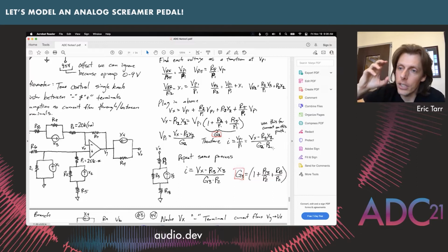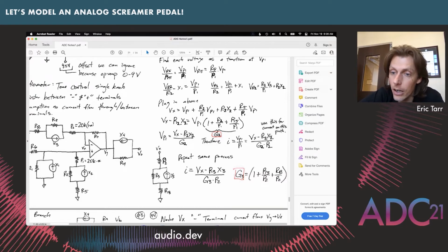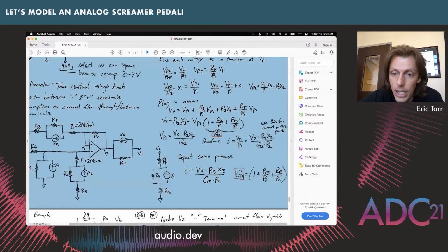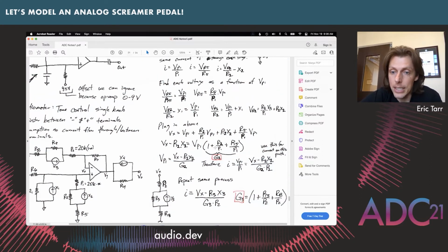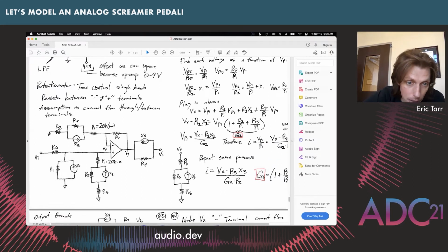And now we have our current that goes through this whole path as a function of the voltage and our state and nothing else. So that's an important form for us to get and save that we can then use later on. Okay, so we just went through some algebra steps to get to that point, but we'll save that as the current going down this path right here to use later on.